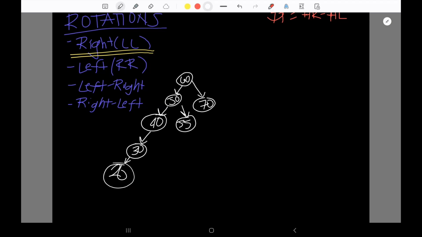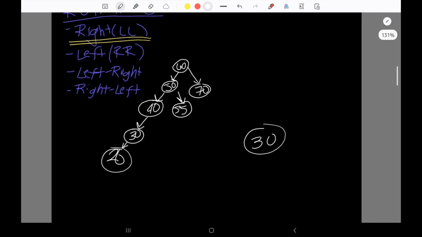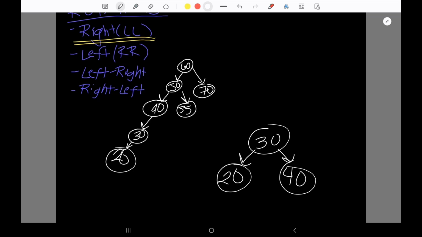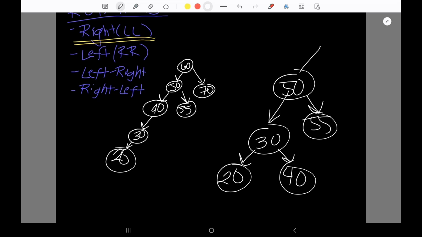So 30, and of course greater than 30 is 40. So here it goes to the right. And 20 here. And that is the unbalanced part. Then 60. Sorry for my handwriting, guys.